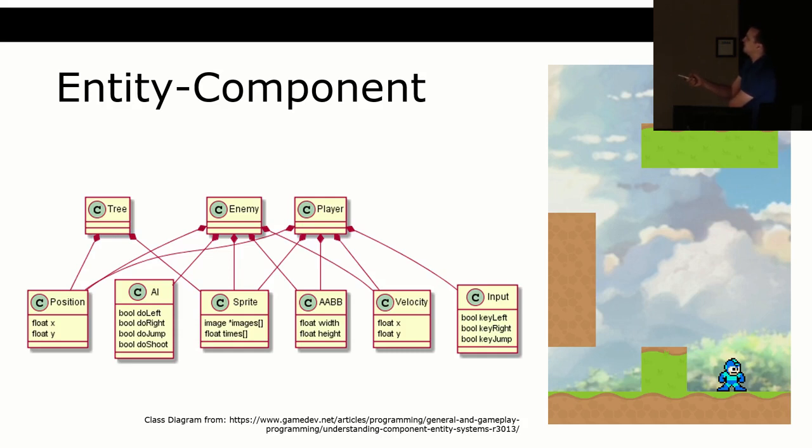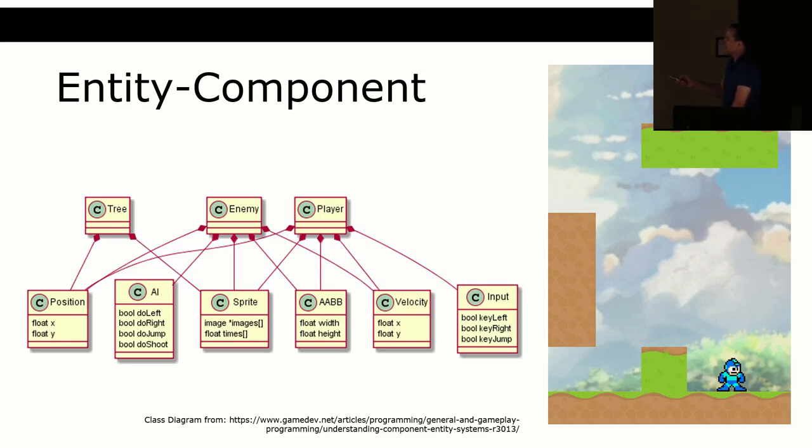So over here we have a position, right? Let's say we take that tree, like a static tree in our game. A static tree might have a position and a sprite. Sprite is just the graphical portion that we'll be drawing. So a tree just stands there all game, right? I have a position and I have a sprite. That's it. However, an enemy may have a position, an AI, a sprite, an axis-aligned bounding box, which we'll talk about later in the course, and a velocity.